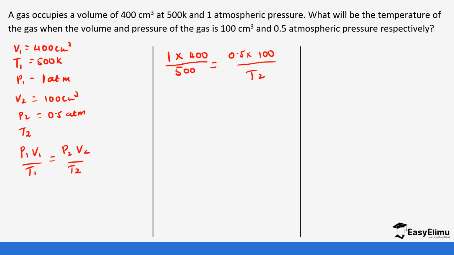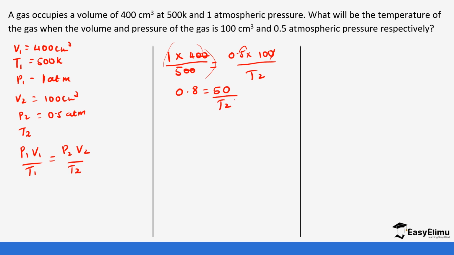So we can work this side first of all. We can divide 400 by 500. That's the same as 4 divided by 5, before we cross multiply. So 4 divided by 5 will be 0.8. So 0.8 is equal to 0.5 times 100, you can just do this quickly, it's going to be 50 divided by T2.